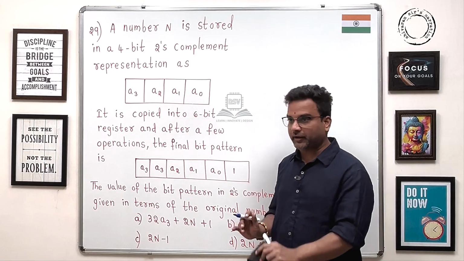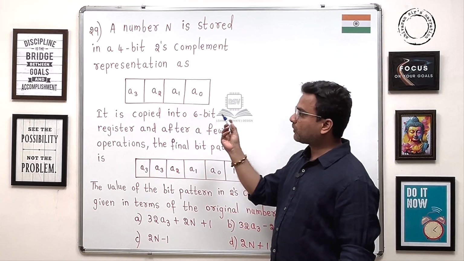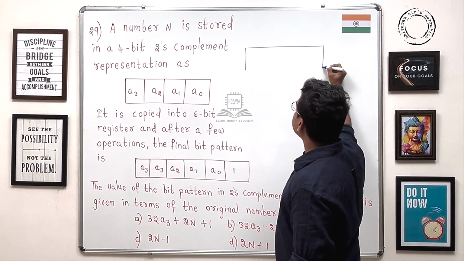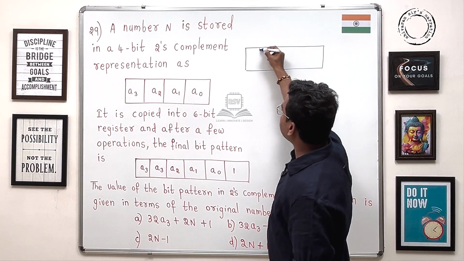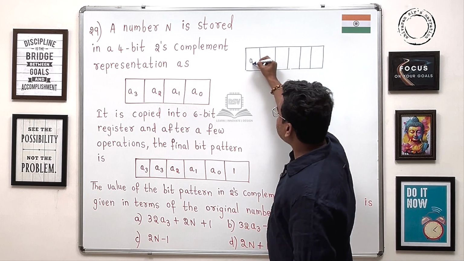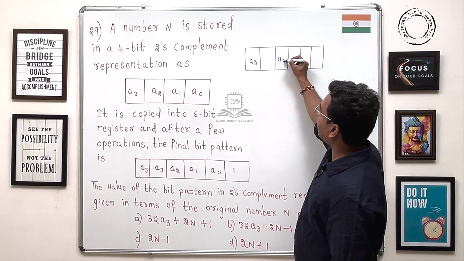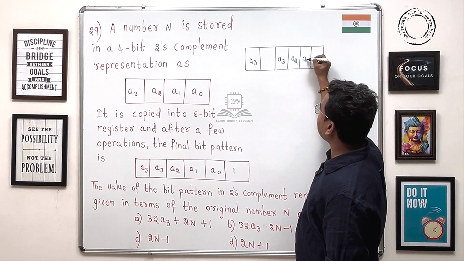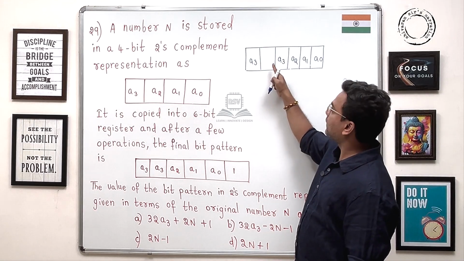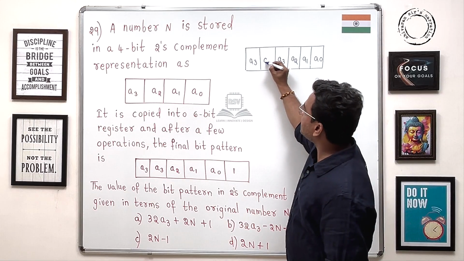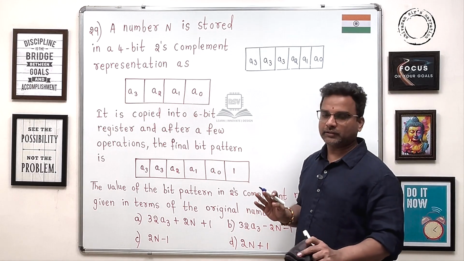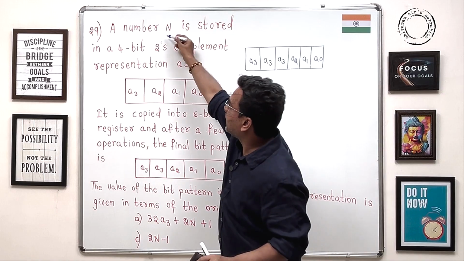Now, in the same way, you take this bit pattern and convert it into a 6-bit pattern, where there are 6 bits. Let's assume here A3, A2, A1, A0. Now we are copying the MSB into the remaining 2 bits. It's A3, A3 only. By doing so, is the value going to change? No, the value is the same. That number is n only.